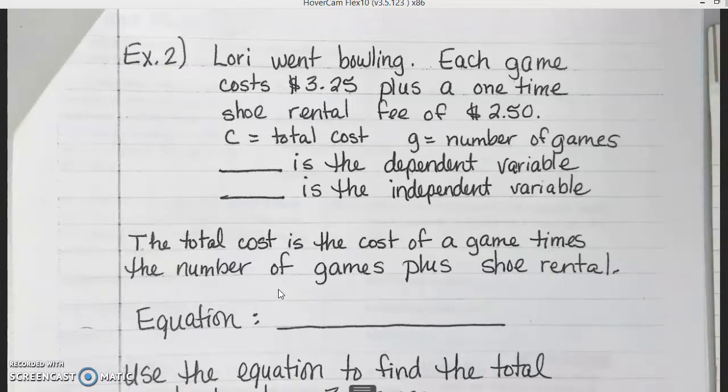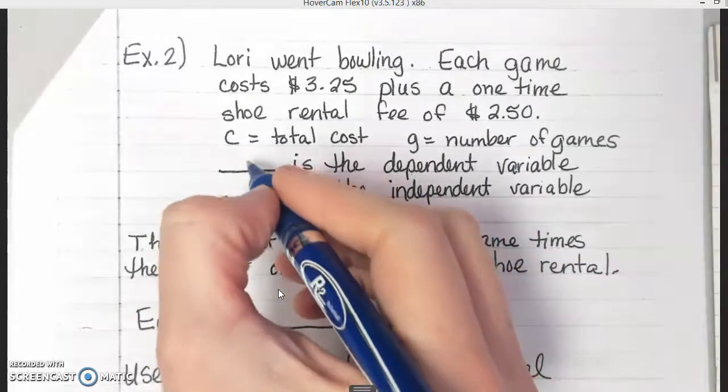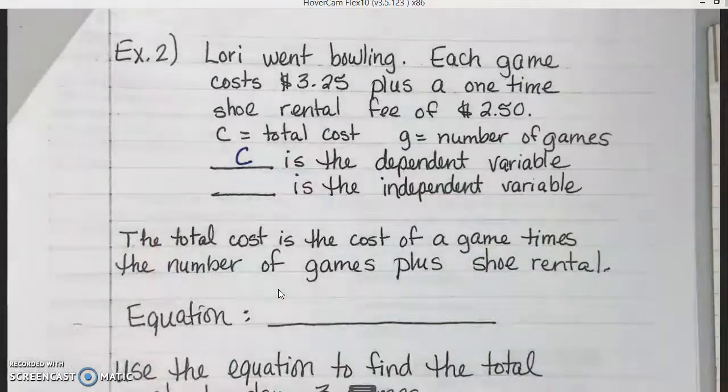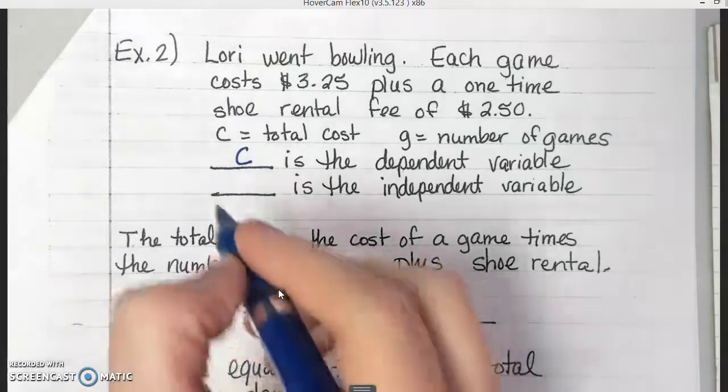The total cost depends on the number of games. To figure out your total cost, you have to know how many games you're going to play, right? So that means total cost is our dependent. So C is our dependent. That means our independent has to be what? G.